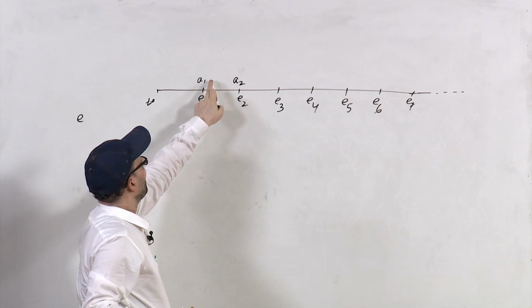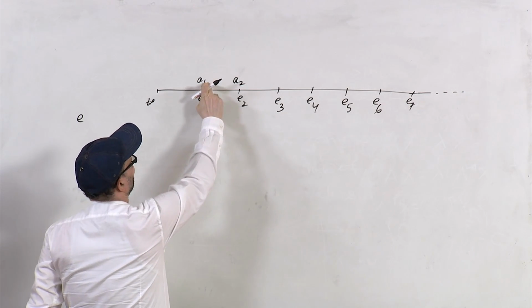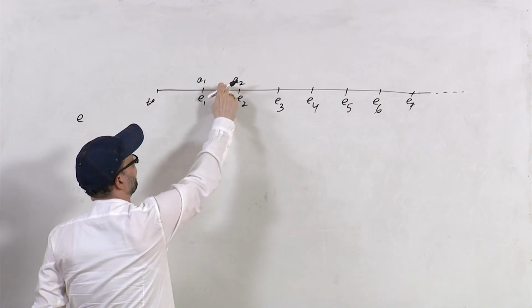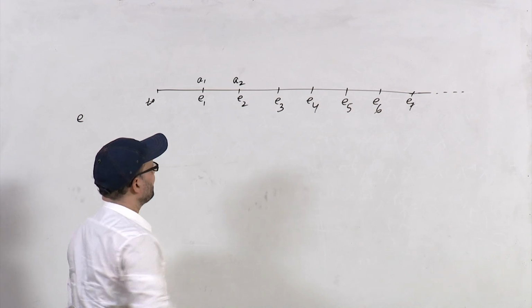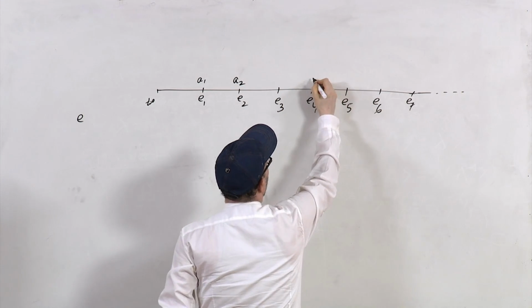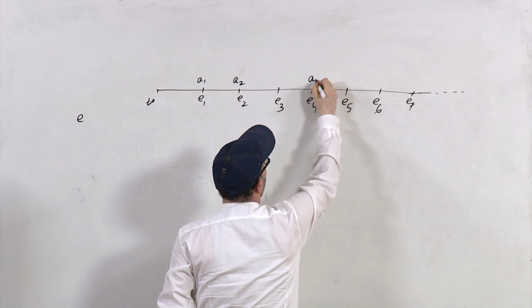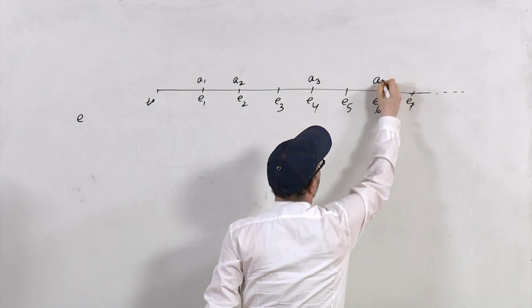So, the first arrival is here and the second arrival is here. In this way we may have the third arrival here, and the fourth arrival here.